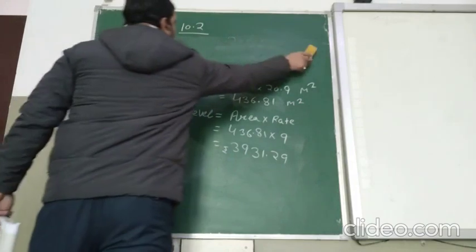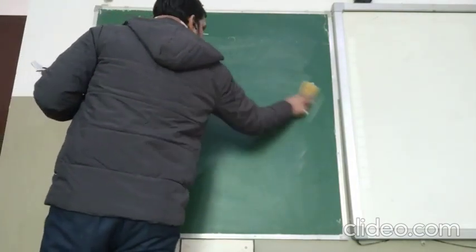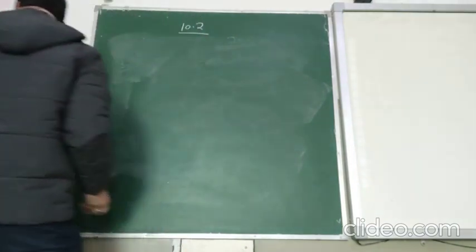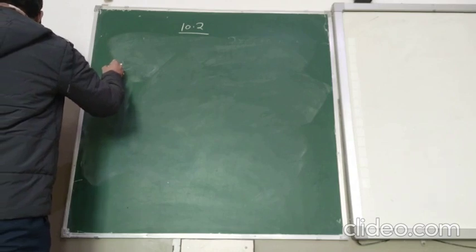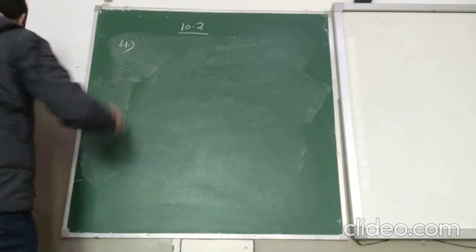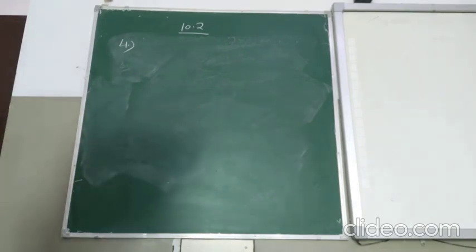Now we are going to the question number 4. Question number 4 is saying, read it. Find the area of a square if its side becomes 2/5 times of the original length. So whatever length is, we do not know the length. Let's put the length is x.